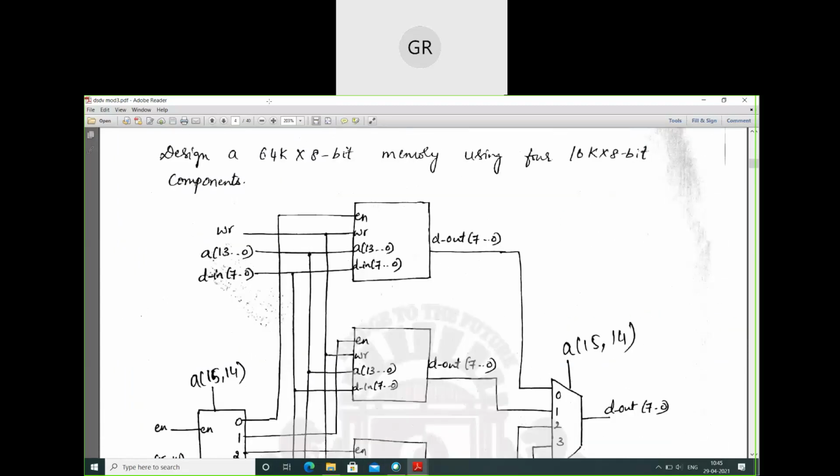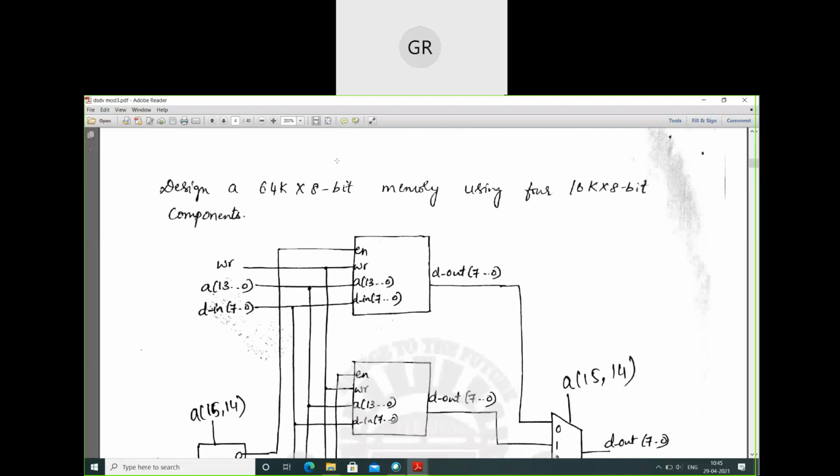One more is 64K into 8-bit memory using 16K into 8-bit components. Here, what is the output? Output is 8-bit, right?